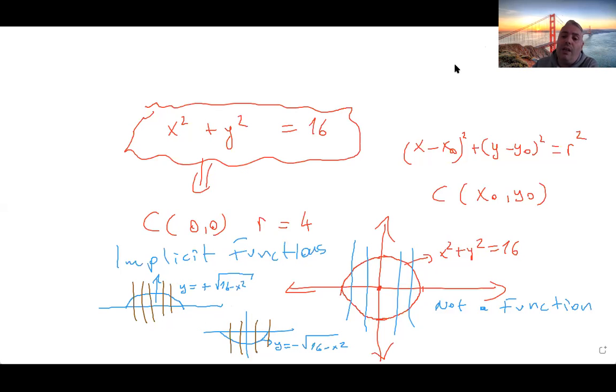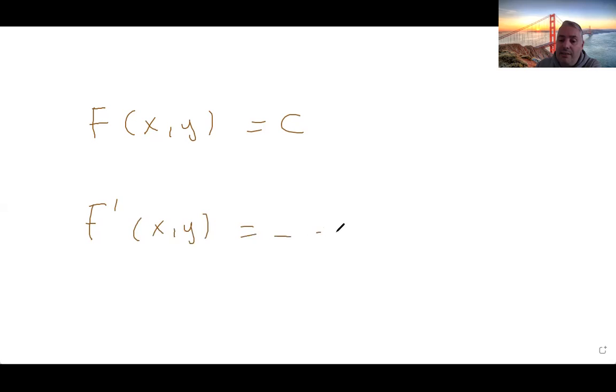Now, what are we going to do? I gave you one formula last lesson. Whenever you have f(x, y) equal to c, the implicit derivative is equal to minus the derivative of the given function with respect to x over the derivative of the given function with respect to y. Example, what does it mean?